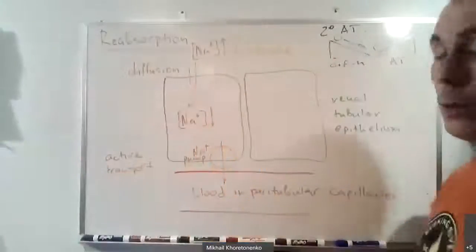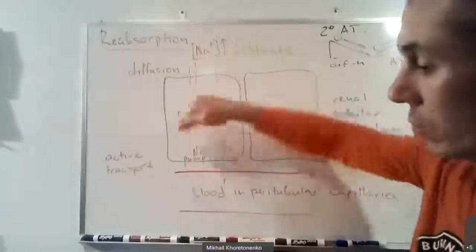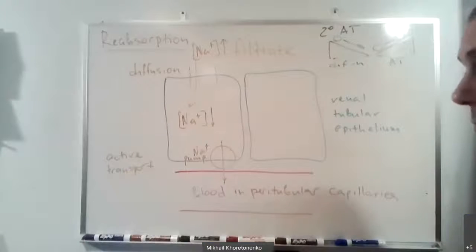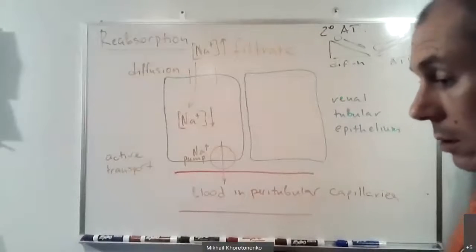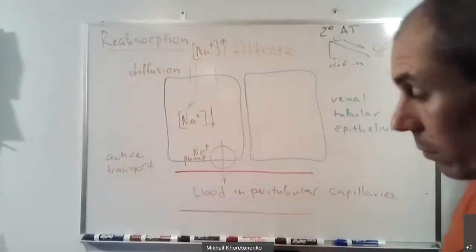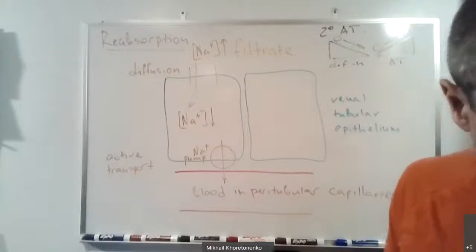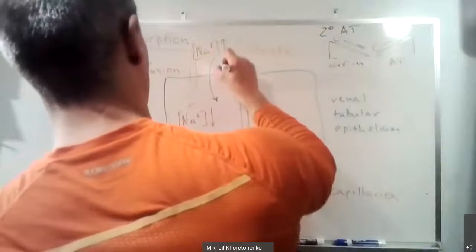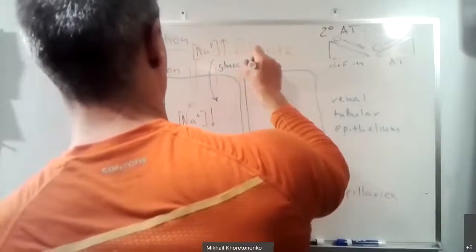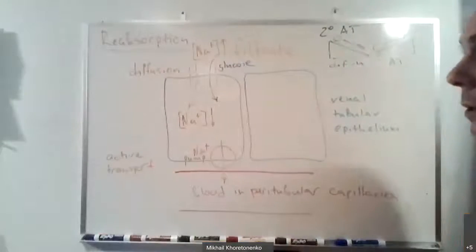And one ion, in this case sodium, goes from its high concentration to low concentration. Another ion or compound, such as, let's say, glucose, gets through the apical side by the secondary active transport.